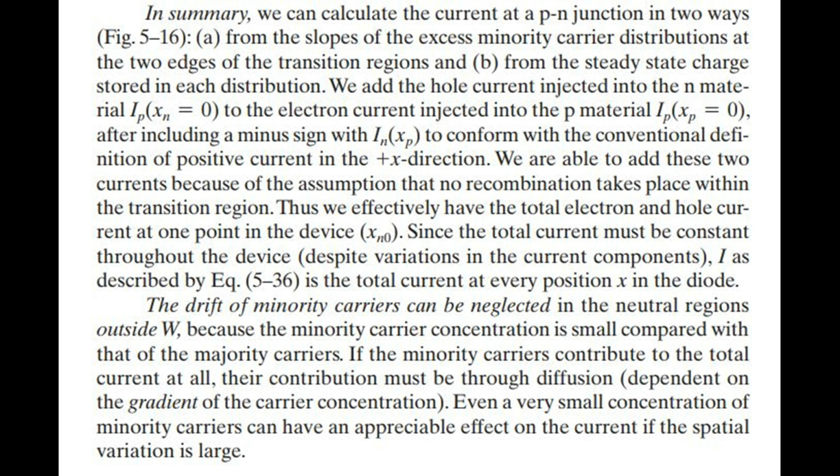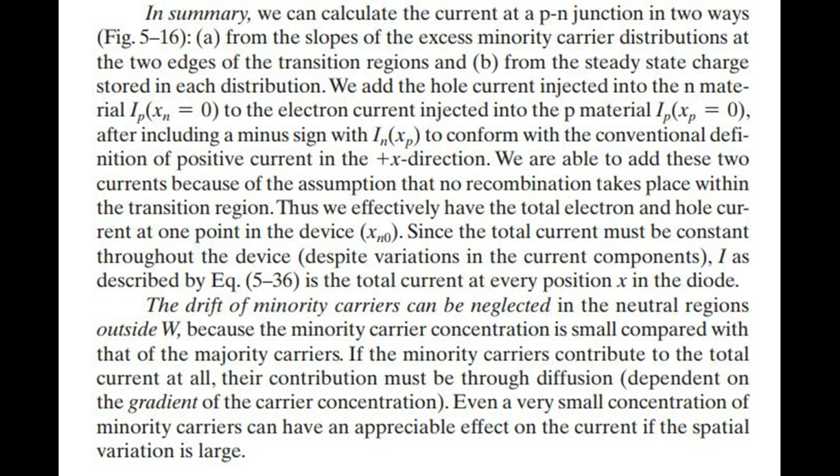If the minority carriers contribute to the total current at all, their contribution must be through diffusion, dependent on the gradient of the carrier concentration. Even a very small concentration of minority carriers can have an appreciable effect on the current if the spatial variation is large.